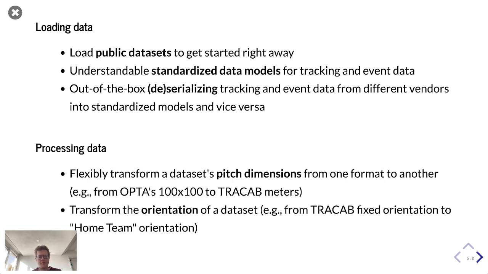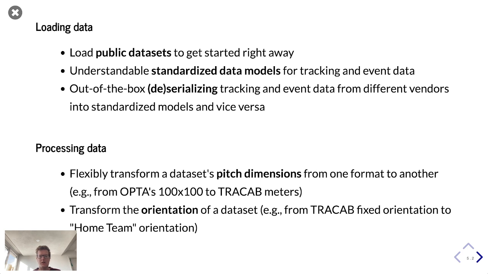Then for the processing of the data, it can go between different pitch dimensions. For example, one vendor can use dimensions in actual meters, the other one can do it between 0 and 100, and Kloppy can make sure that it's aligned, so you can match your Opta data to your tracking data.